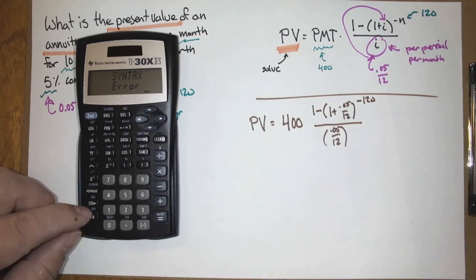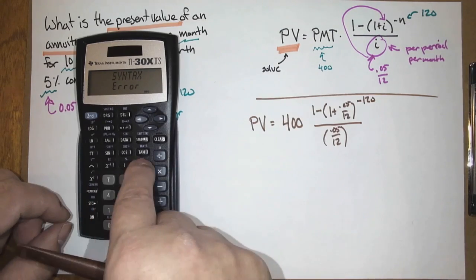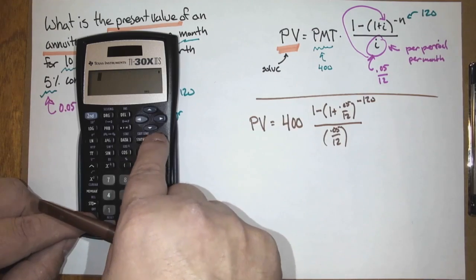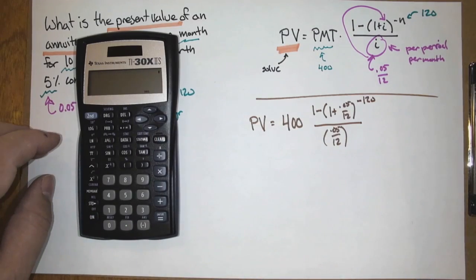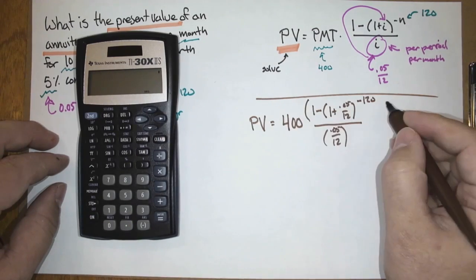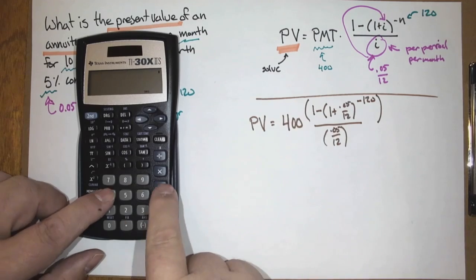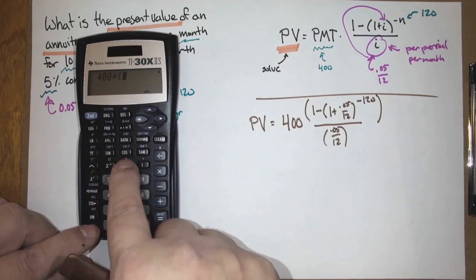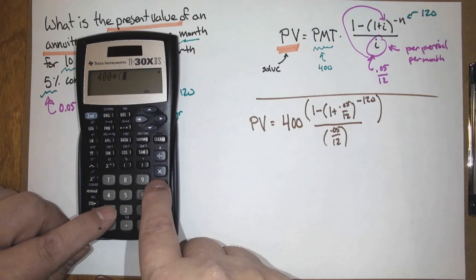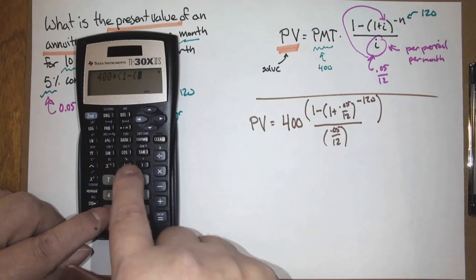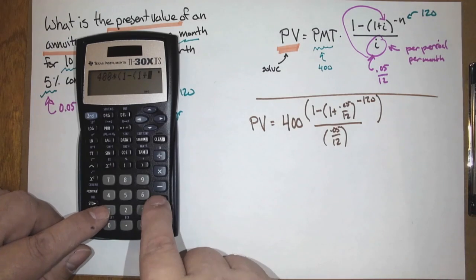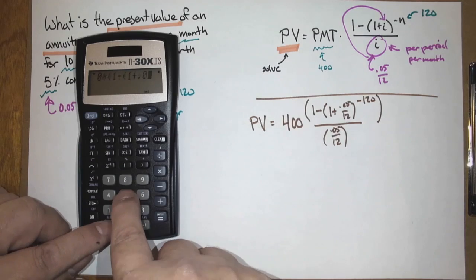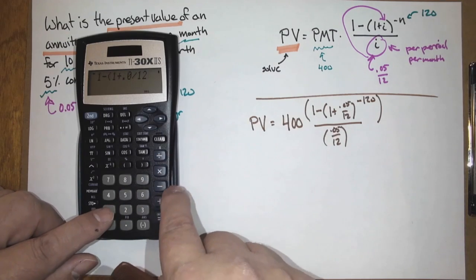That's okay. Now I'm being annoyed. I'm going to give myself one more chance. I believe in myself. I believe in the ability to use calculators. Maybe I shouldn't, but I want to believe. 1 plus 0.05 divide by 12.